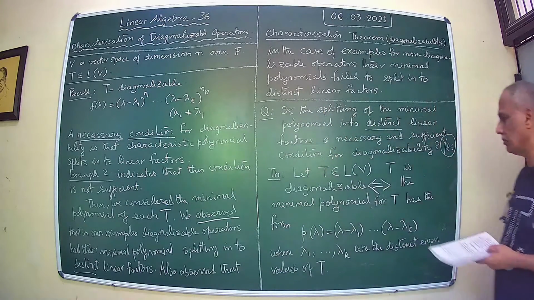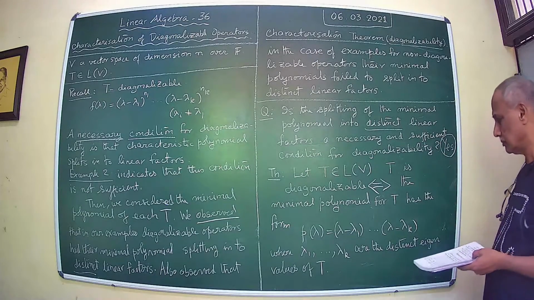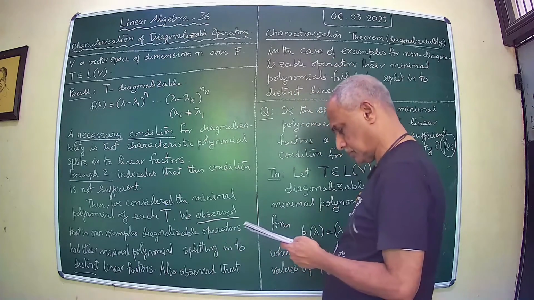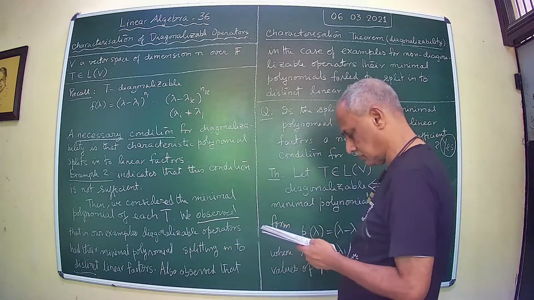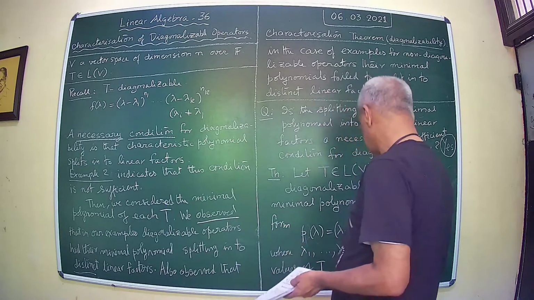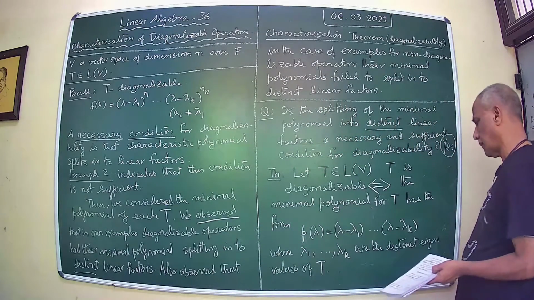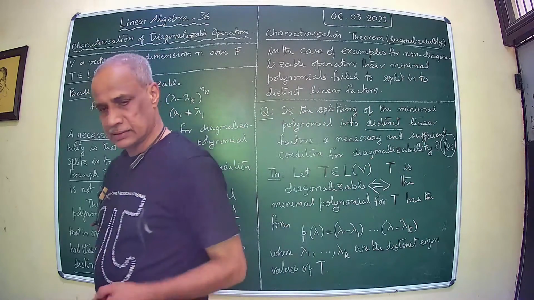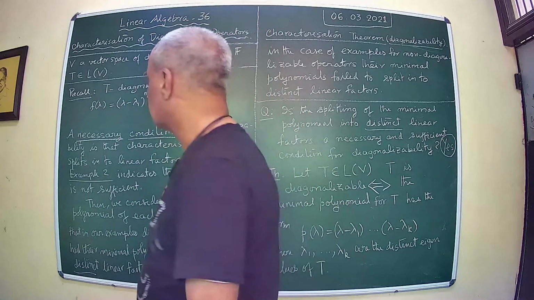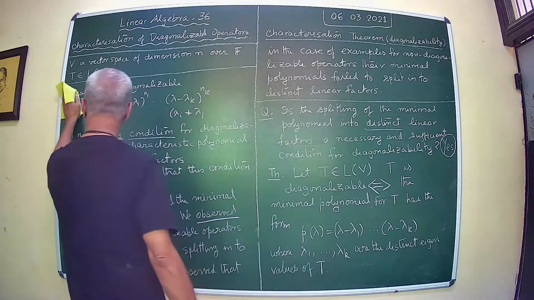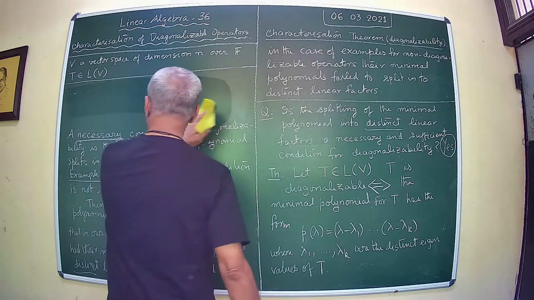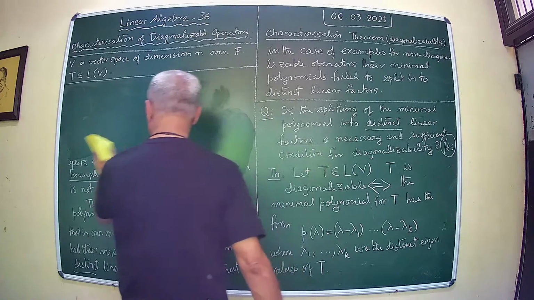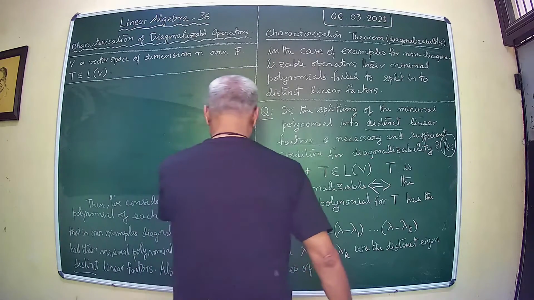So P lambda is equal to, so let us do this. What is this?